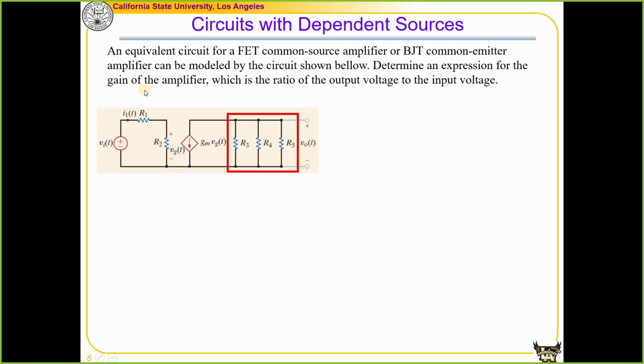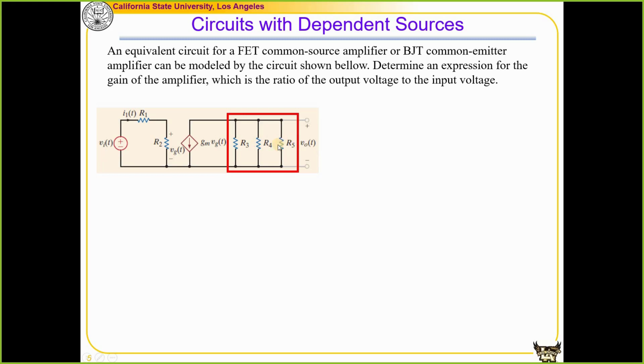Determine an expression for the gain of this amplifier, which is the ratio of the output voltage to the input voltage. So the output voltage is over here, VO, and the input voltage is this VI. So we want to find a ratio of VO over VI.